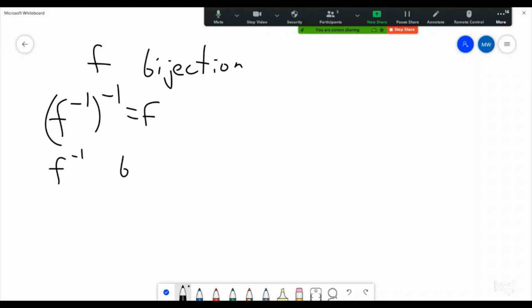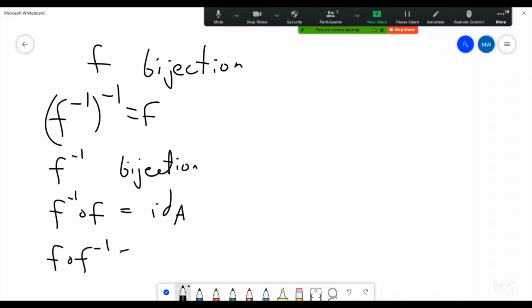F inverse is a bijection. F inverse of f is the identity on A, and f of f inverse is the identity on B.